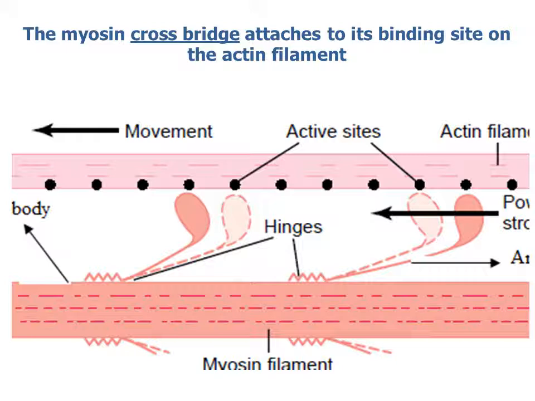Okay, and these black points or circles are the myosin binding sites, and this is the cross bridge which is formed of the arm of the myosin molecule and the head. Both are called cross bridges, meaning like a bridge connection.